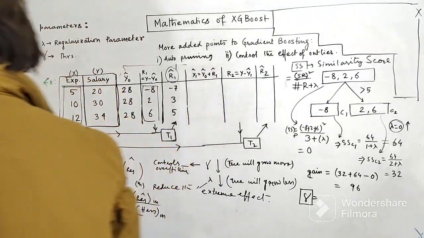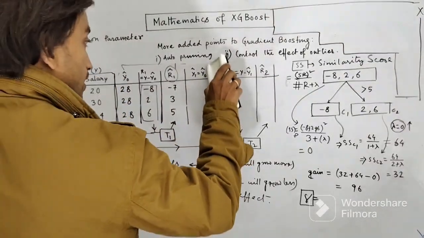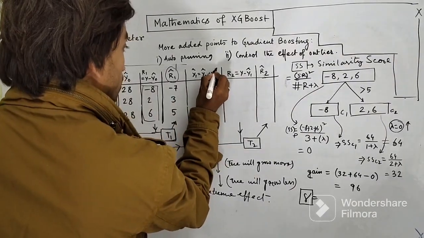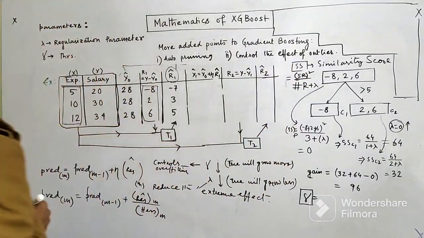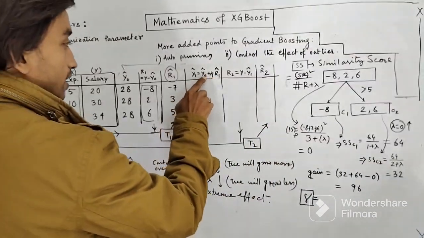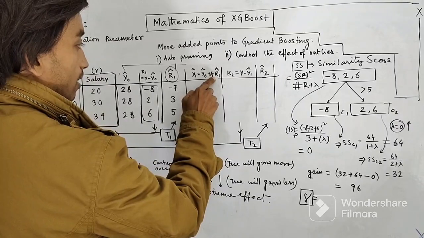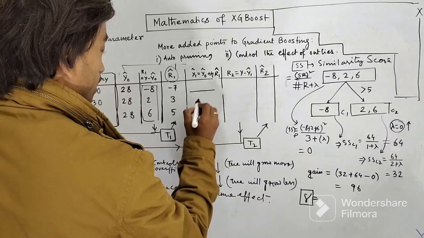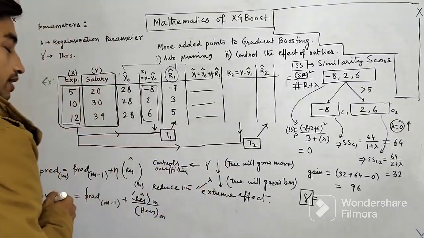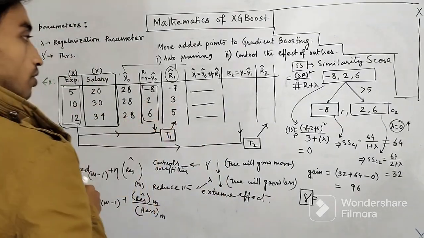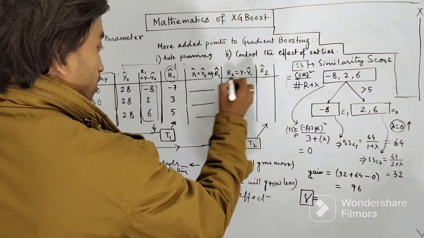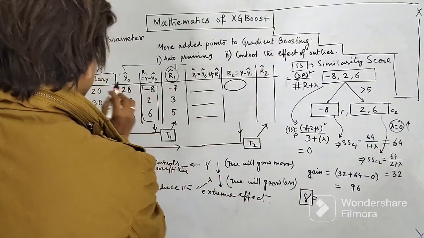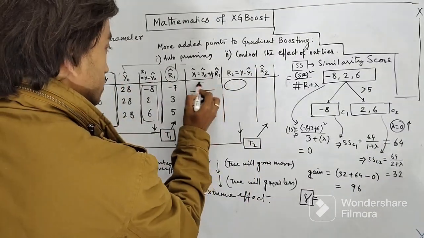No, sorry, I made one mistake. That is this plus the learning rate times this. Accordingly you will get your y1 hat. After that you get r2, the residual 2, that is y minus this column.